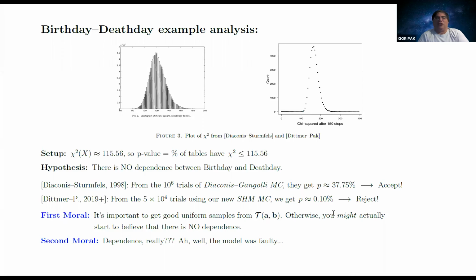But once you think about it, I don't know how many of you believe in astrology, but there shouldn't be any dependence, really, right? So the truth is, the way we're modeling this thing is just not right. People who have names shouldn't be modeled as part of uniform contingency tables. But that's all I want to say about this example.